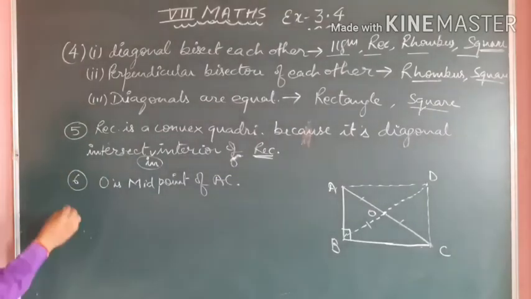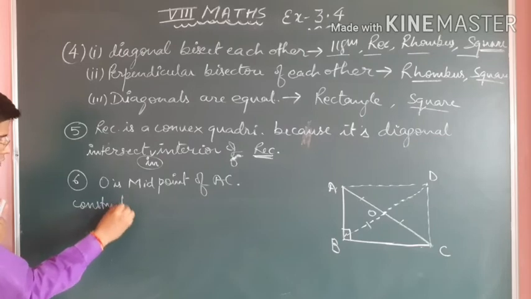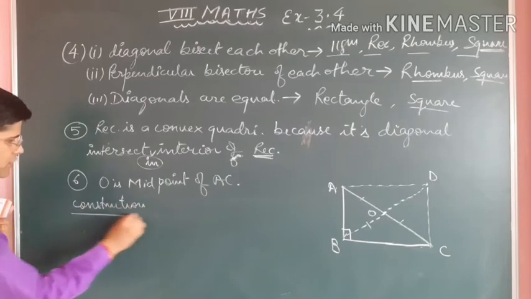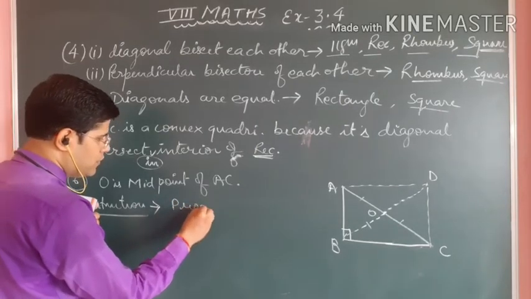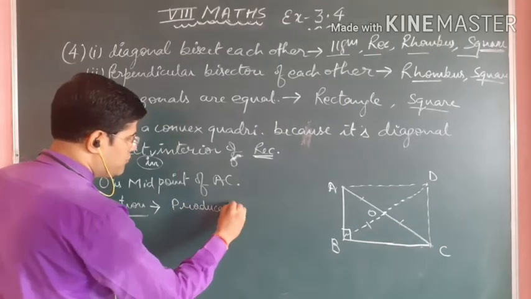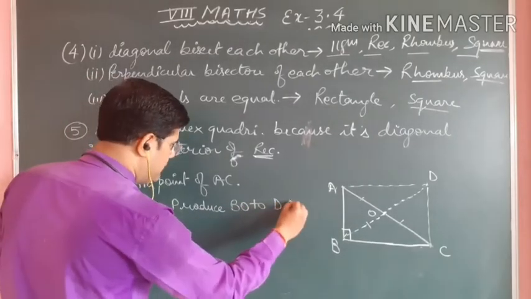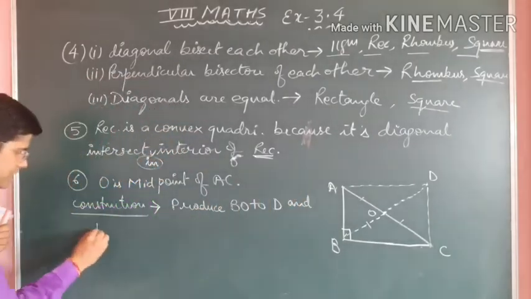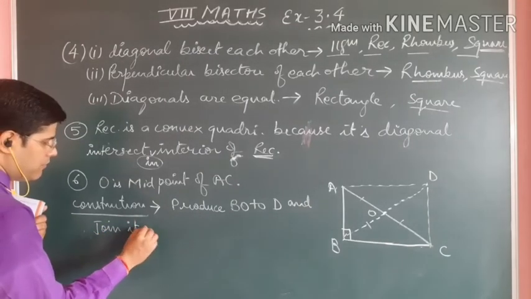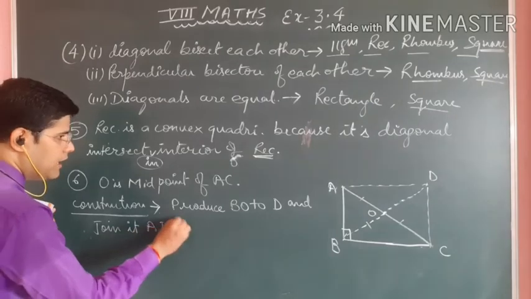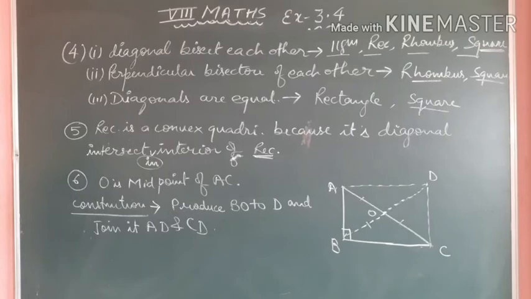So firstly I want to write construction. This one is the construction part. What have we constructed? Produce BO to D and join it to A and C. So what did we get after that?